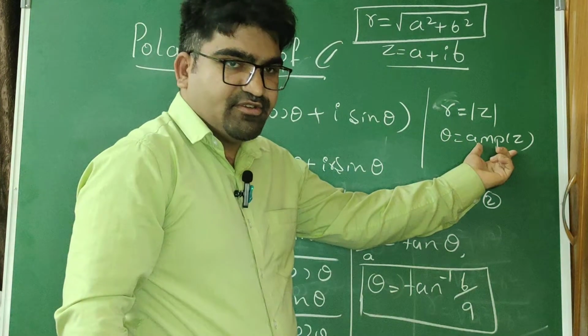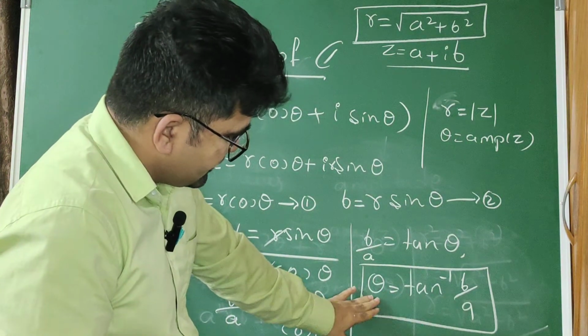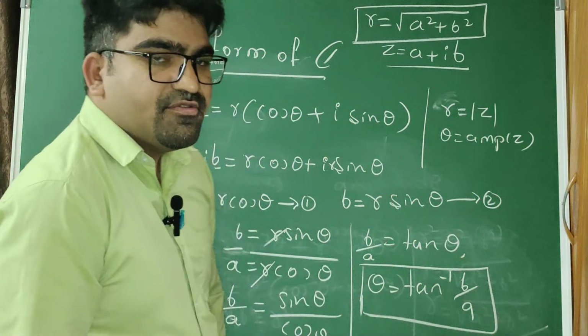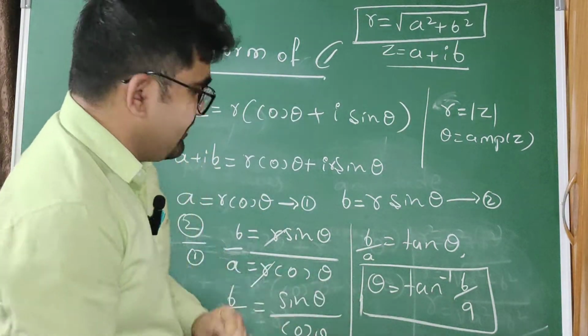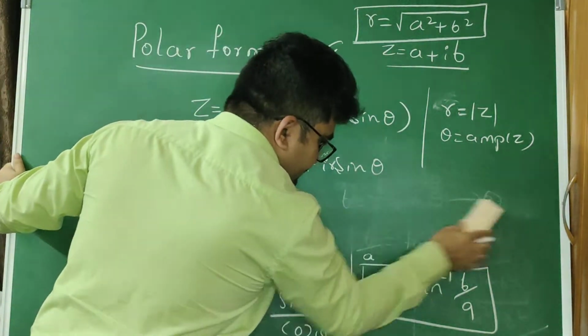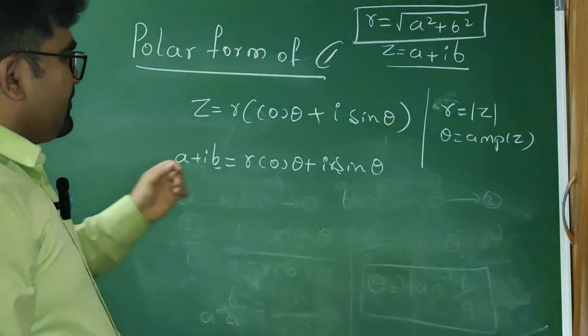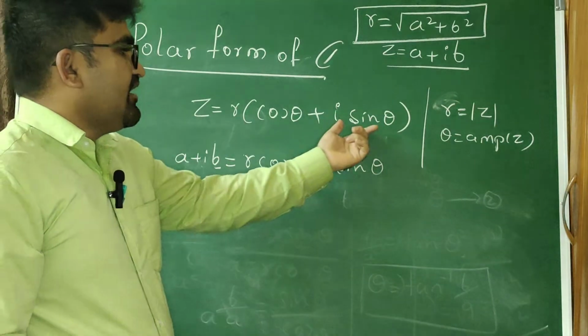Theta is nothing but the amplitude of z. We also call it argument or amplitude. The argument or amplitude of this polar form of representation is nothing but tan inverse of b by a, but this r is nothing but root of a square plus b square. I will write it directly. See here, what is the polar form of representation of a complex number? Z is equal to r into cos theta plus i sin theta.